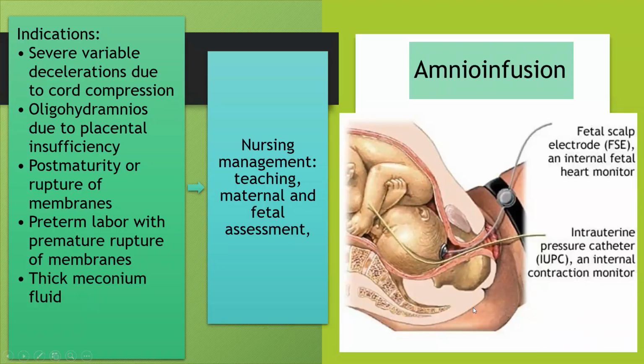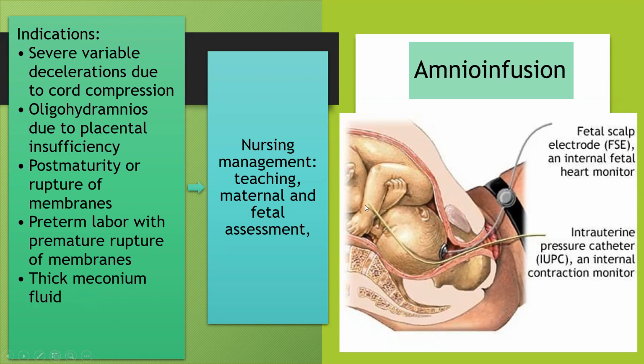And then another intervention that we potentially can use is called an amnioinfusion. An amnioinfusion is where we use an internal pressure monitor, IUPC, internal pressure catheter, that is placed by a physician or a midwife. And then we can use this to attach fluid to it and put fluid back in for specific reasons.